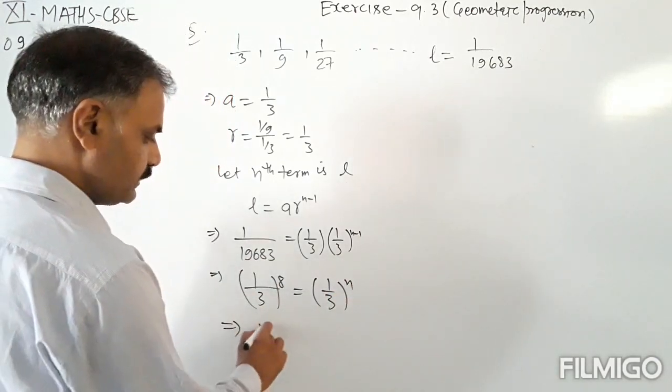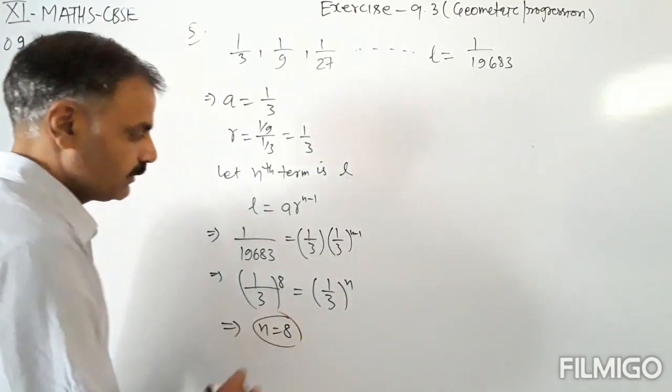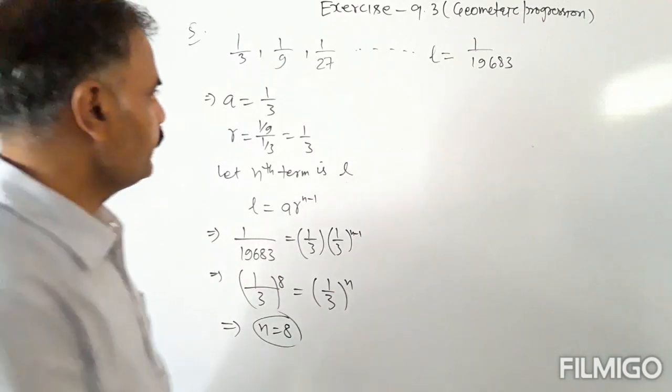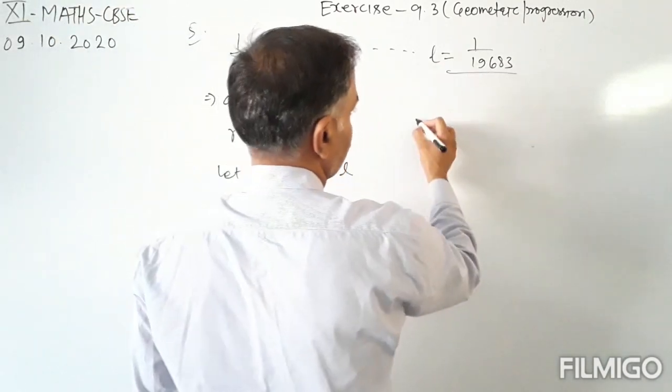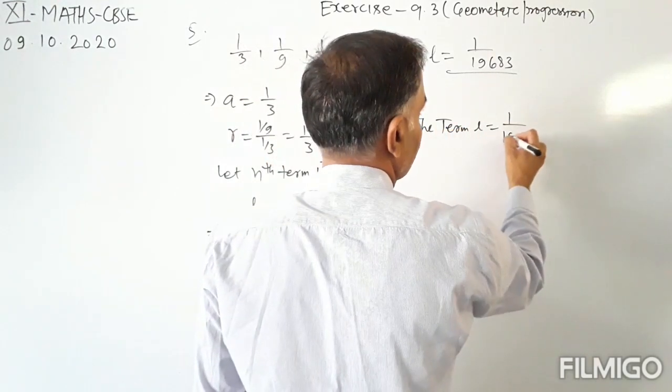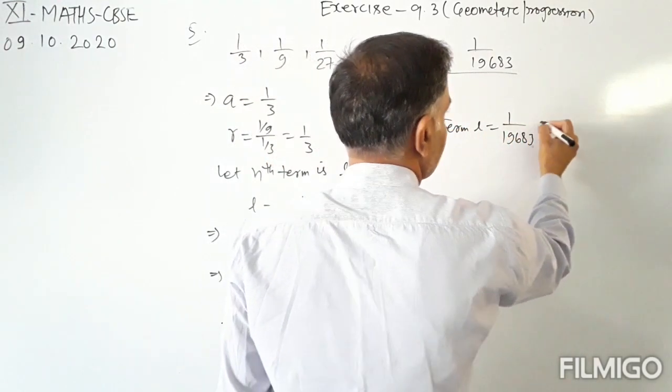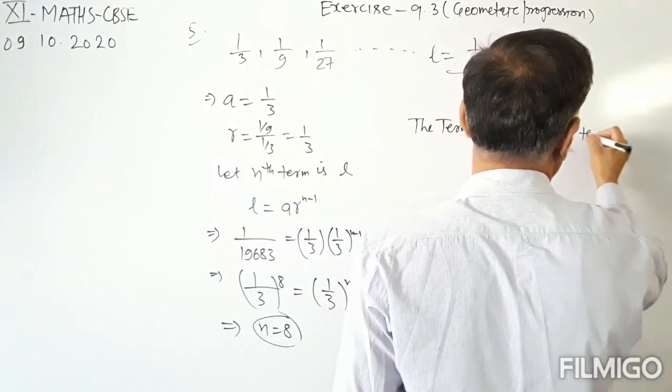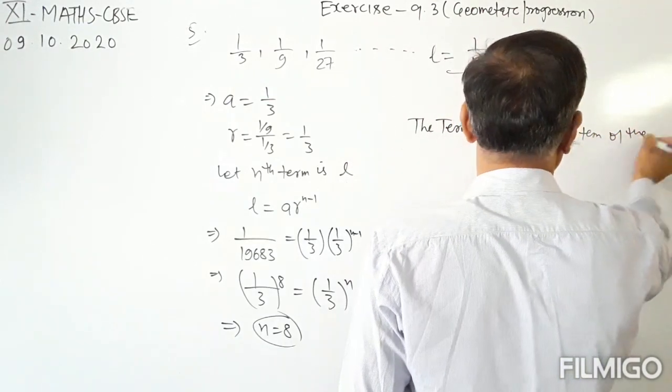Comparing, n equals 8. This means the given term L equals 1 upon 19683 is the 8th term of the given sequence.